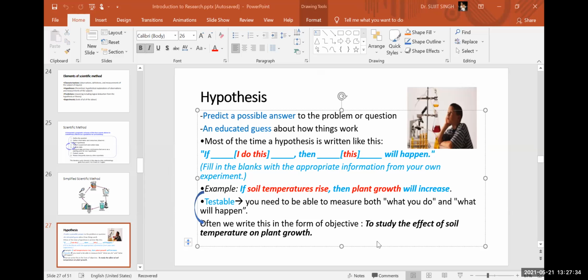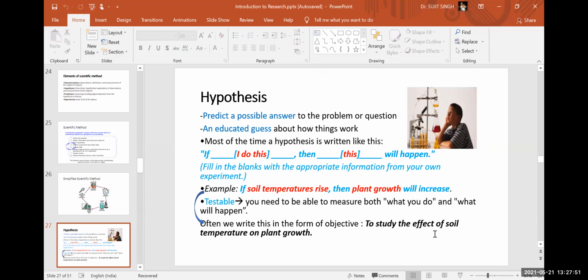In our thesis or research paper, we don't write a hypothesis like this. This is for understanding purposes, the if-and-then statement. So how do we write it? If you see the objective in any thesis, they write: to study the effect of soil temperature on plant growth.